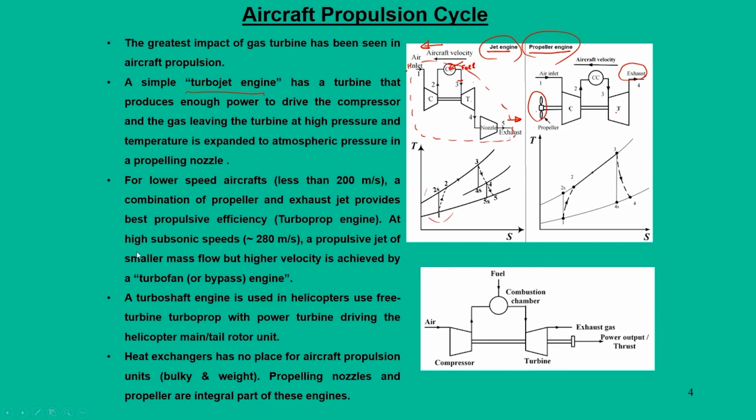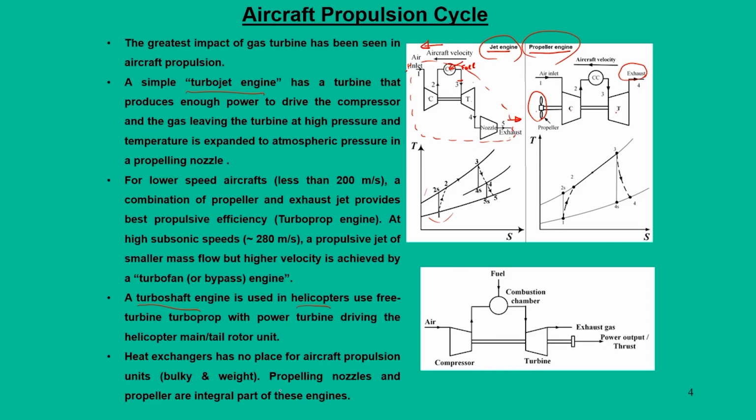Another engine that we have is the turboshaft engine, normally used in helicopters. A very basic difference is that we do not have provisions for heat exchangers in aircraft propulsion systems, because these units make the system very bulky and heavy, and add more weight than is normally acceptable for aircraft engines.